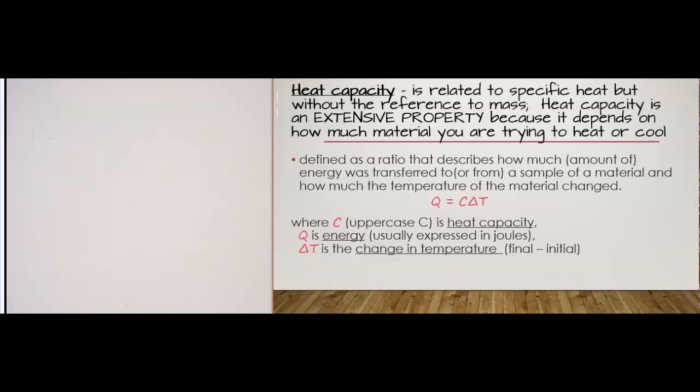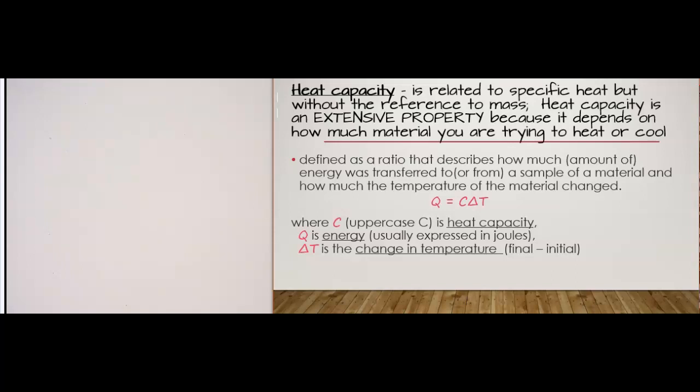It's a ratio: how much energy was transferred to or from a material, and how much the temperature of the material changed. In the formula, Q represents the energy, C, an uppercase C, is heat capacity, and delta T is the change in temperature. In this case, C has the mass in it, because it depends on how much there is.